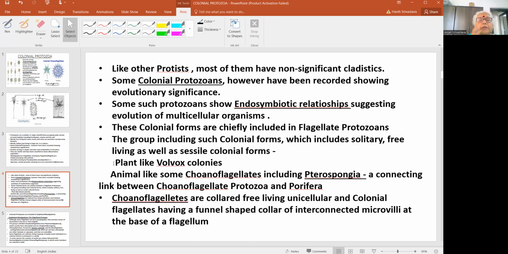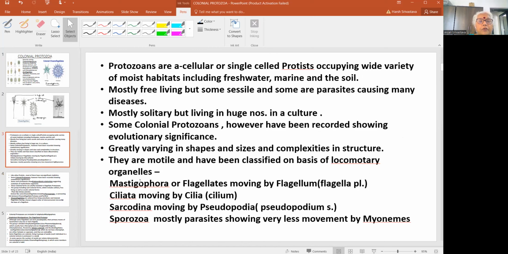Now let us emphasize or concentrate on the colonial protozoans that include two major groups, that is the phytomastigophora. We have already seen that the protozoans which show the colonial habit are mainly, rather solely, included in the group Mastigophora or the Flagellata.